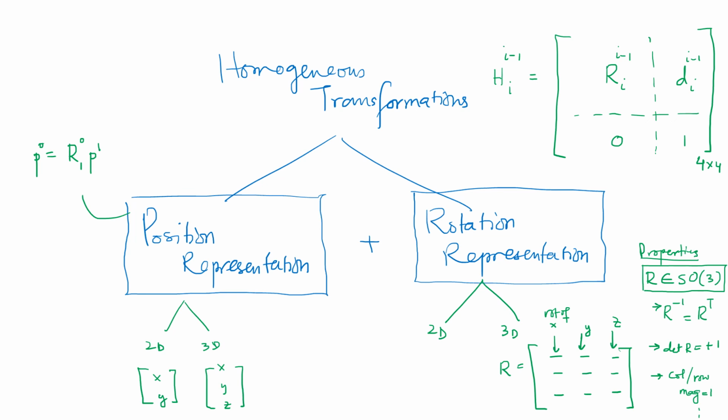So this equation, which is going to be further augmented later on by adding the translational part d10, is going to greatly help us out in the subsequent discussions as well.